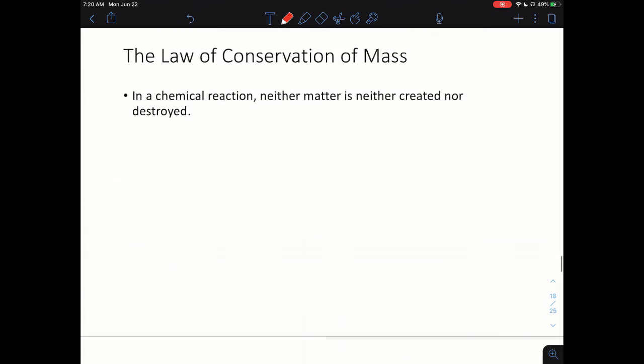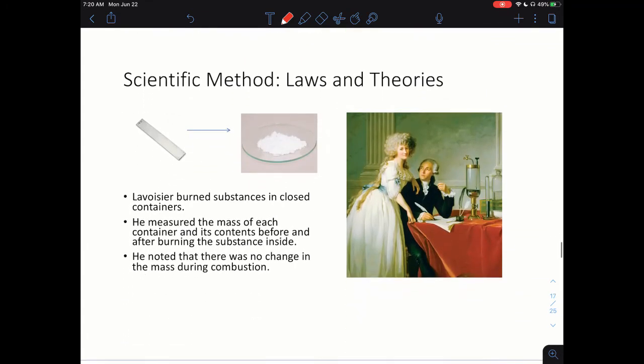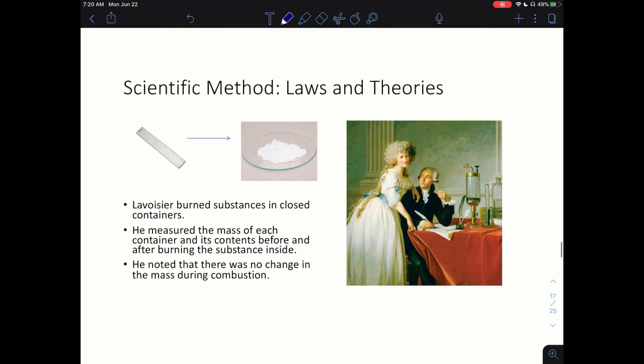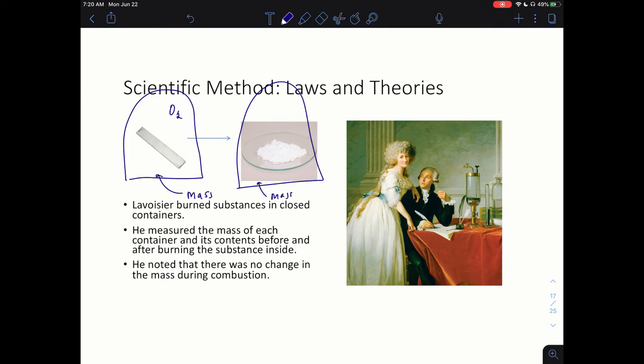Let's think about laws for a moment, and we will look at an example. So, similar to the example that I was discussing earlier. So Lavoisier, this French scientist, conducted an experiment similar to ours, but what he did was he burned metals in a closed chamber, like we were discussing, but he measured the mass in the closed chamber before and after he reacted the metal with oxygen, because he wasn't interested in why the metal was turning into a powder.